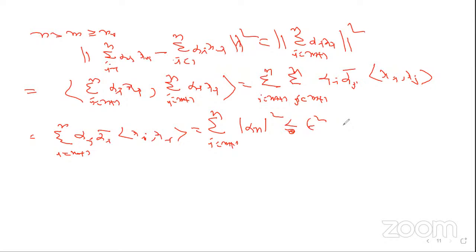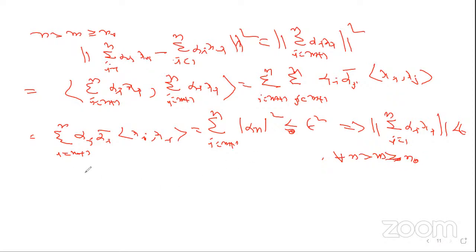So here xn is an orthonormal sequence. Hence we got norm of sigma i equal to m plus 1 to n alpha i xi less than epsilon for all n greater than m greater than or equal to n naught.